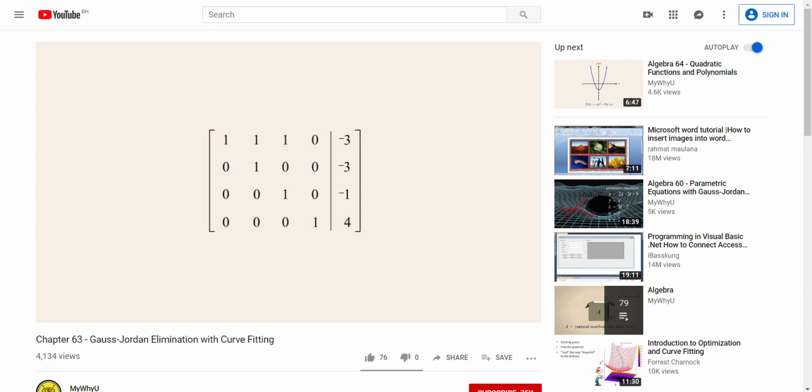Since all entries above the fourth row's leading entry are now 0, we move to the leading entry of the third row and zero the only non-zero entry above it. Once again, we use a pivot, adding -1 times row 3 to row 1.